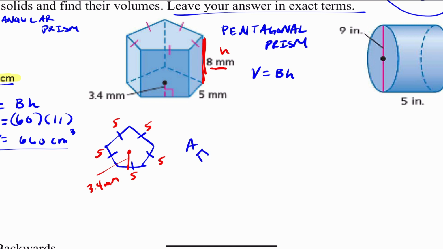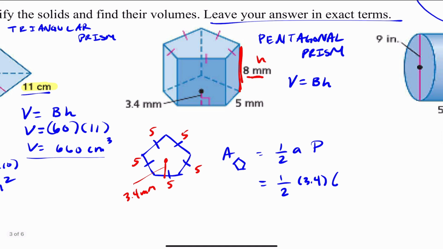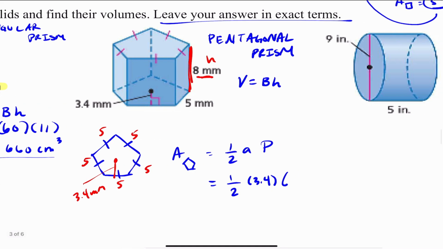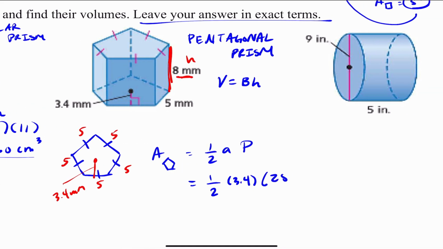It's equal to 1/2 the apothem multiplied by the perimeter. So 1/2, and I love how the apothem is already given. It's 3.4, right? And I'm going to multiply that by my perimeter. So 5 plus 5 plus 5 plus 5 plus 5. Since the pentagon, 5 times 5 is 25. And there you go. I can figure out what the area of this pentagon is, which is 42.5, okay?